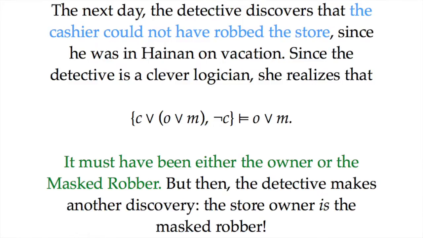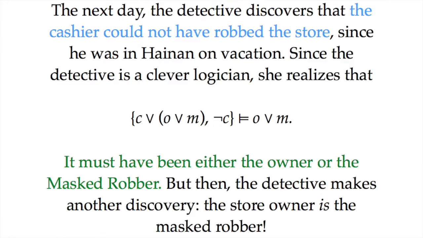The next day, the detective discovers that the cashier could not have robbed the store since he was in Hainan on vacation. Since the detective is a clever logician, she realizes that her first premise, combined with not C, entails O or M, right? So just look at the argument I have written down right there.